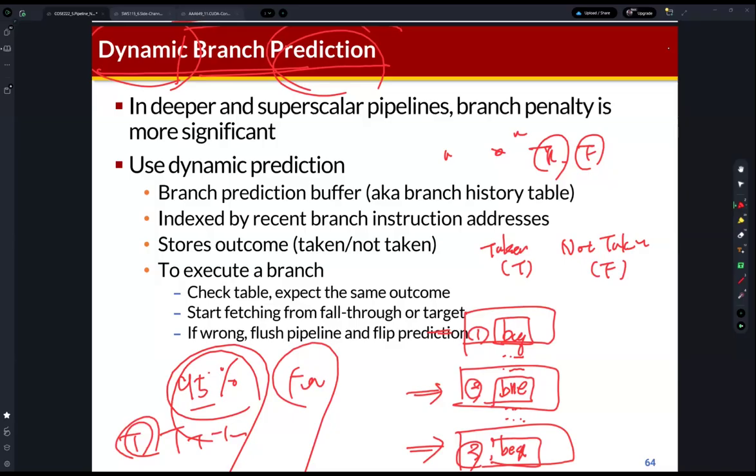Which means for each branch instruction, in order to perform the branch prediction, we need to store the previous results, like taken, not taken, taken, taken, not taken, like this.